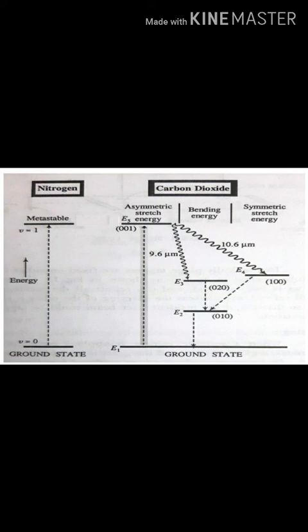Again resonance energy transfer takes place because E4 minus E3 is nearly equal to E2 minus E1, and similarly E3 minus E2 is nearly equal to E2 minus E1, because the E4 and E3 levels are almost matching.